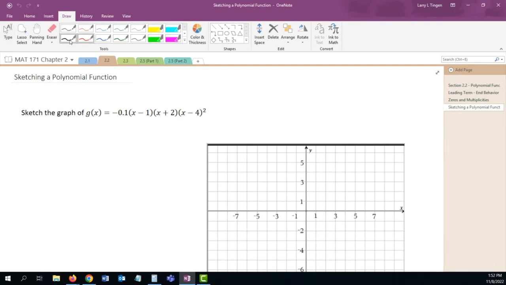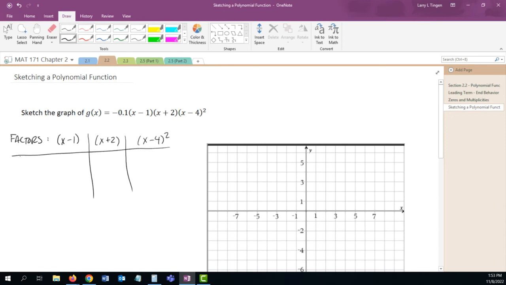So what can I do with this? Let's find our zeros by breaking up the factors. Let's just write out the factors that have an x in them: x minus 1, x plus 2, x minus 4 squared.